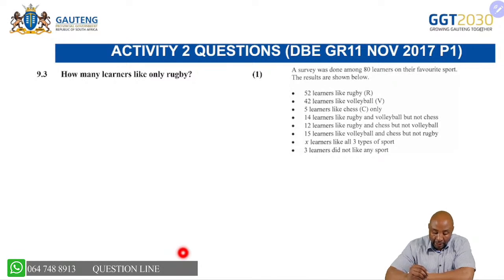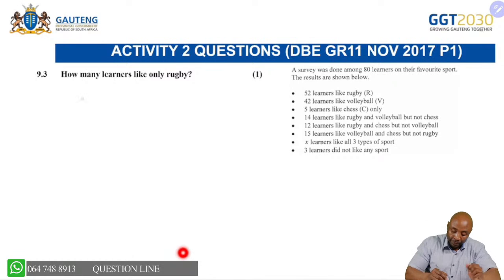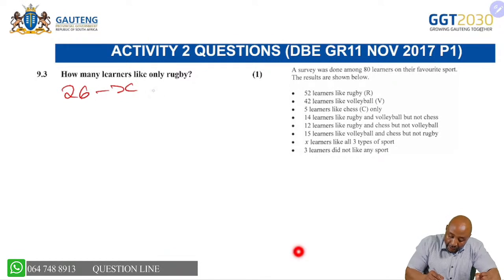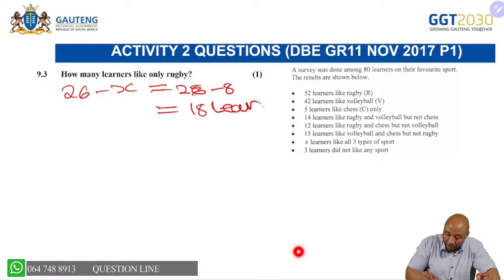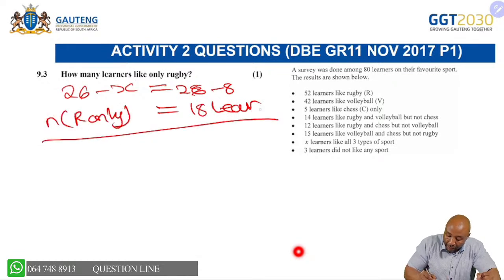We got that as 26 minus X. Those who liked rugby only, 26 minus X. And this means it's 26 minus 8. And that should give us 18 learners for rugby only. So N R only will give us 18 learners using subtraction.